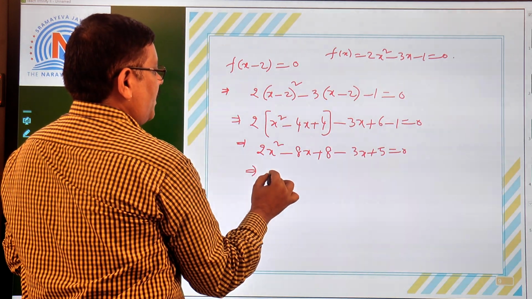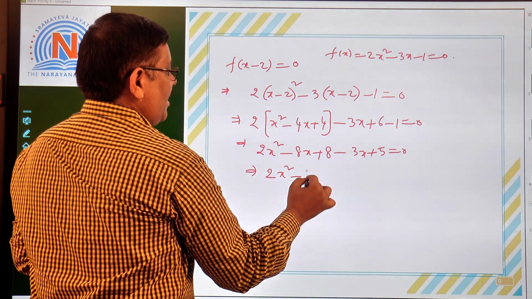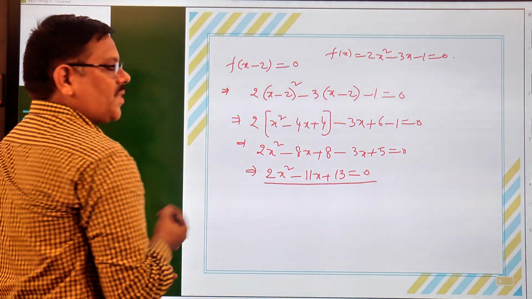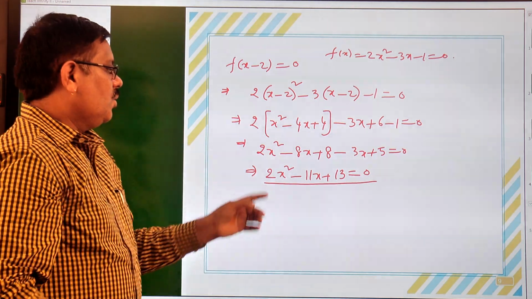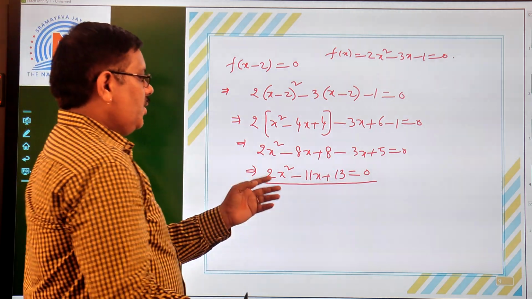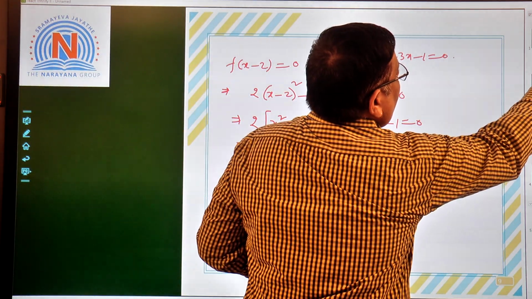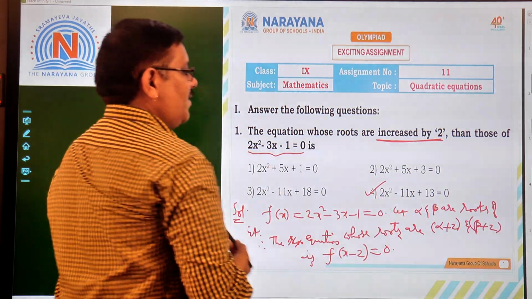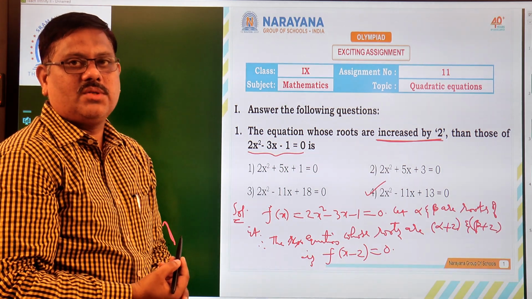If you further simplify that, it is going to be 2x square minus 11x plus 13 is equal to 0. This is the resultant equation. If you look at the options, the fourth option is 2x square minus 11x plus 13 is equal to 0.